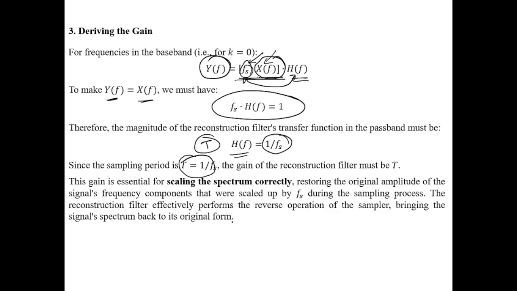This gain is essential for scaling the spectrum correctly, restoring the original amplitude of the signal's frequency components that were scaled up by f_s during the sampling process.